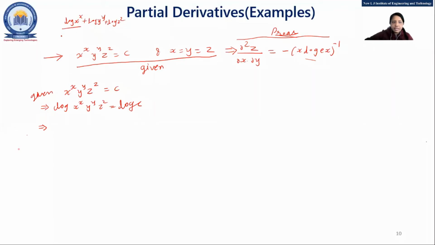And again, this can be written as x log x plus y log y plus z log z equal to log c. Any doubt? So I am having this first equation.